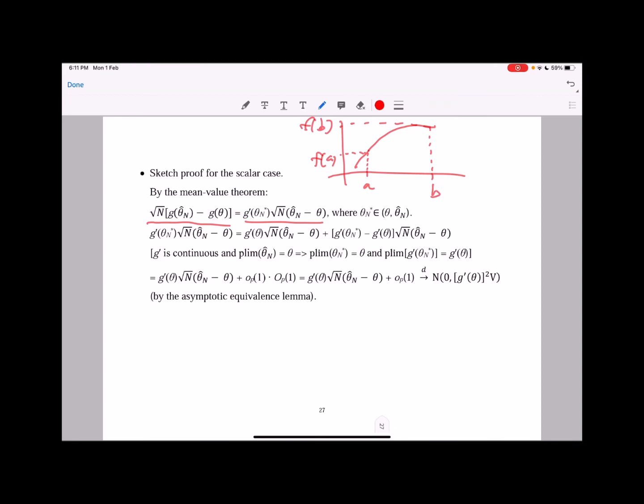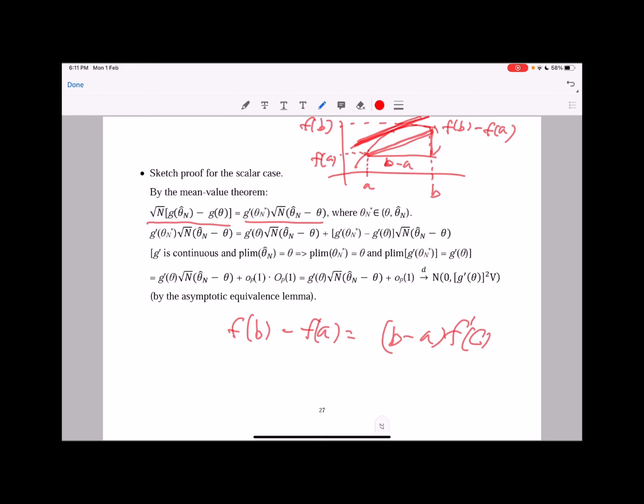So this is b minus a, this is f(b) minus f(a), right? So we know that f(b) minus f(a) equals b minus a times f prime c, right? Because we can find the slope here, that's the same as this guy here, right?